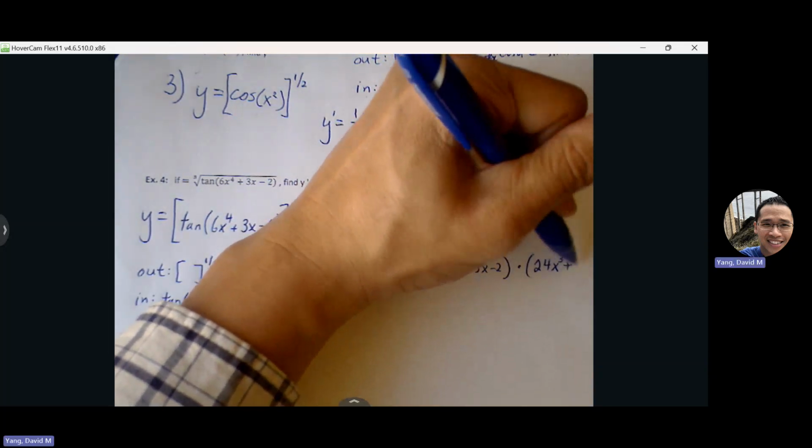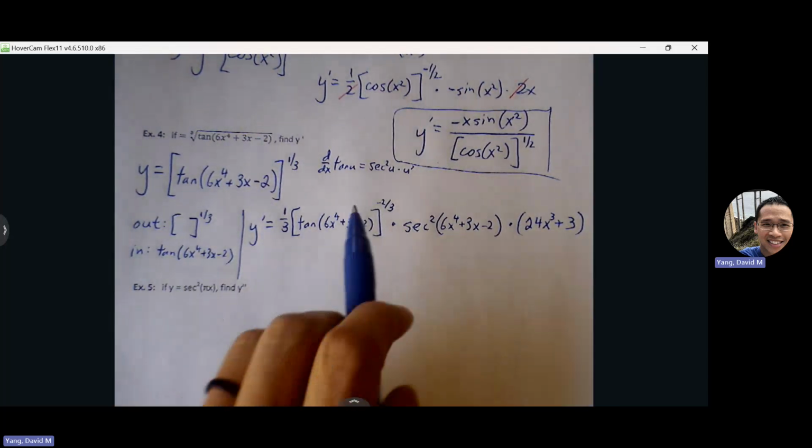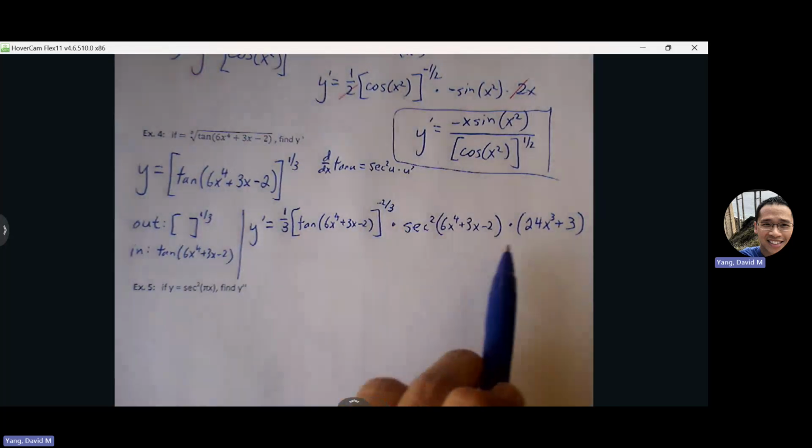Okay, it's not hard, it's just a little cumbersome with all of these parts, but we're just following our rules step by step here.